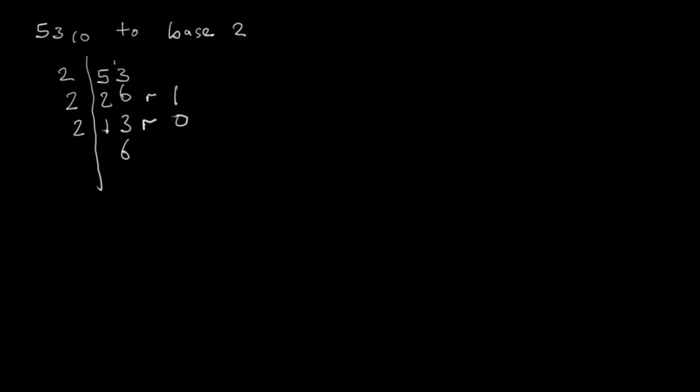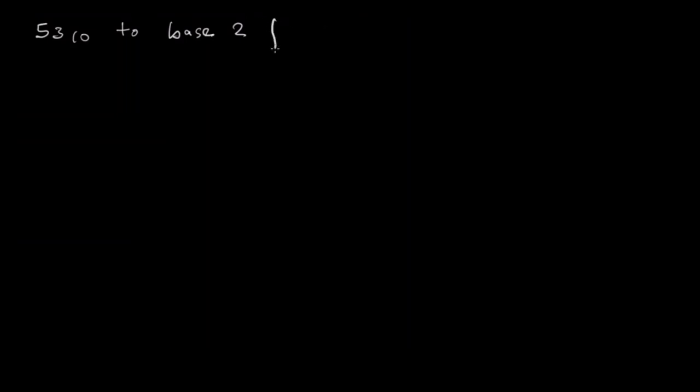Basically, we are dividing 2 into 53 repeatedly, collecting the remainders until eventually we no longer have a remainder. So rewriting this statement, we have 53 base 10 is equal to 1, 1, 0, 1, 0, 1 base 2.